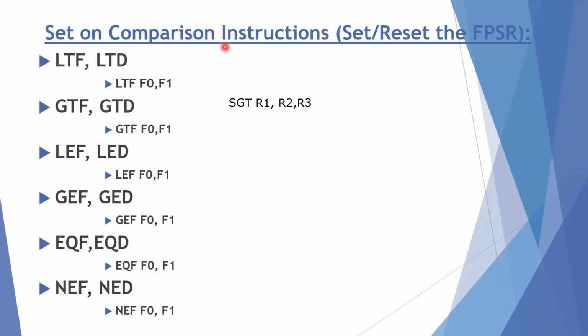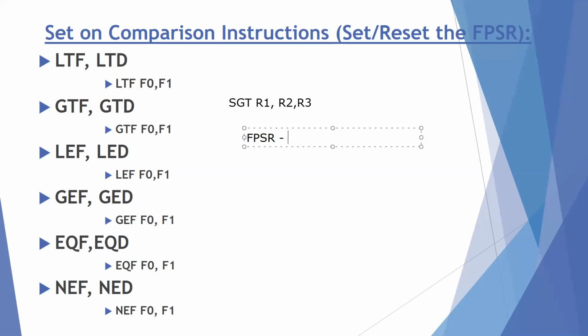Now, with floating point registers, we again have instructions for set on comparison. Here we have a very, very important register called floating point status register. This is just like your flag register you used to have in other processors. Now, see, this stores the status of comparison of floating point operations.